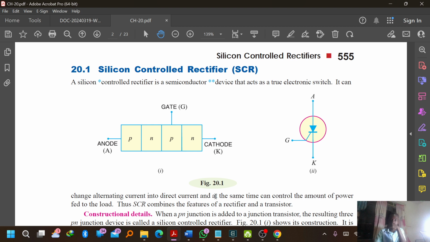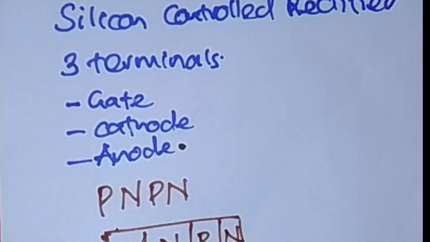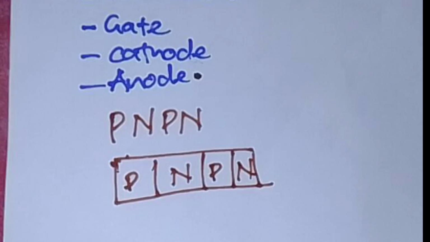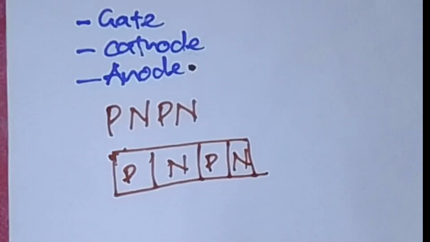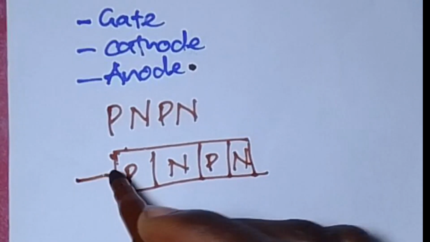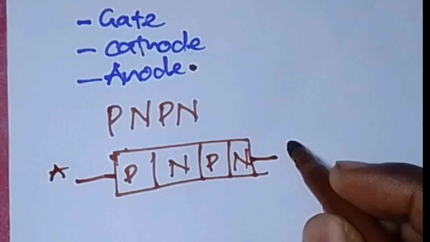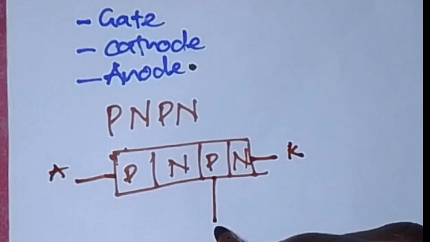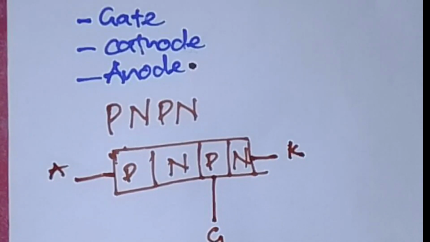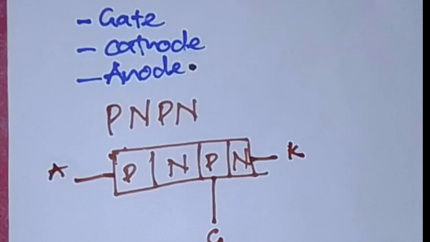It is a PNPN device. The anode is the positive end, the negative end is what we call the cathode K, and the gate is connected right next to the cathode. So that is just briefly about its structure.